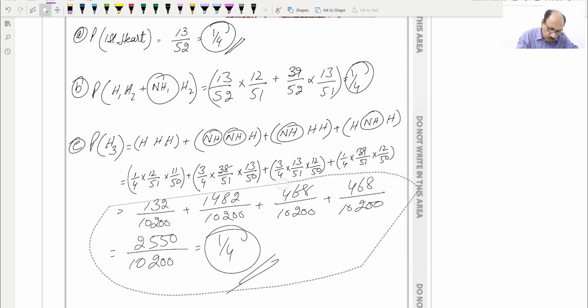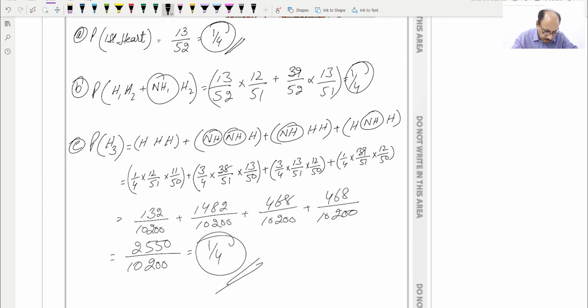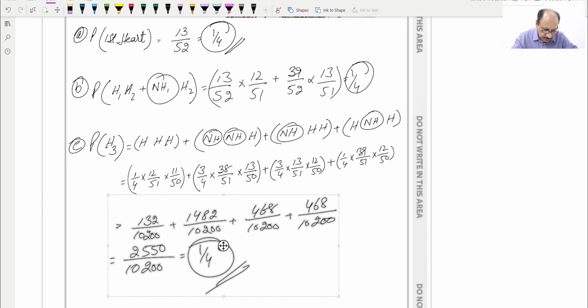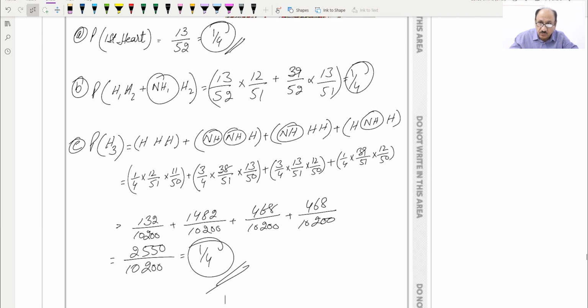Hopefully you understood this. This last part was a little complicated, and you need to carefully go through these probability questions for your exam preparation. And I just wanted to mention here that these are exam preparation questions.